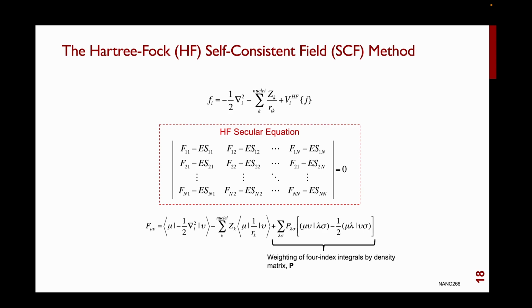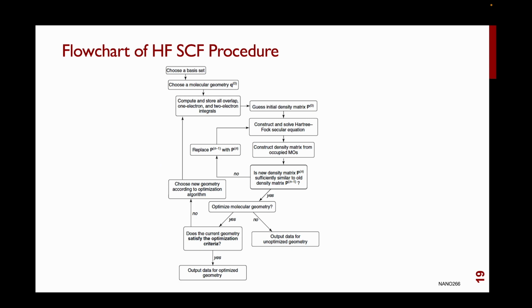These Fock integrals are given by this expression over here, where this term accounts for the mean field interaction between your electron and the rest of the other electrons, including the effect of the Pauli exclusion principle. This, in a nutshell, is how you go about using the Hartree Fock self-consistent field approach.